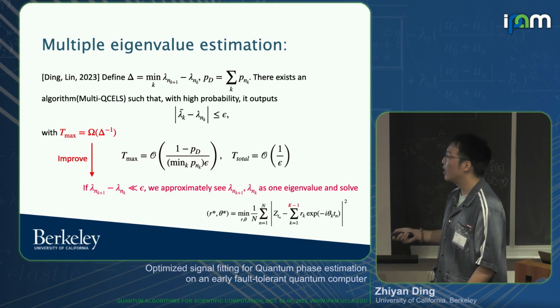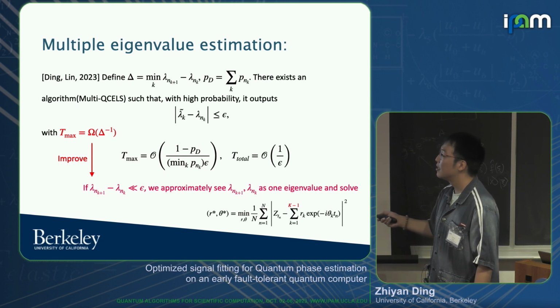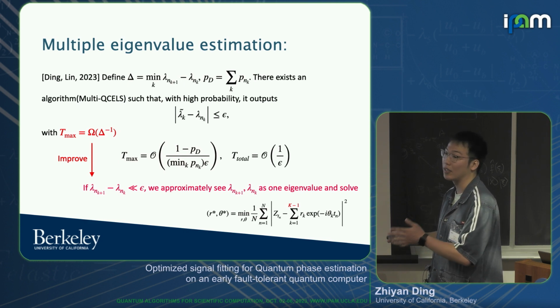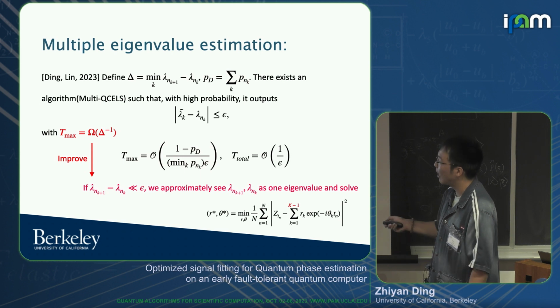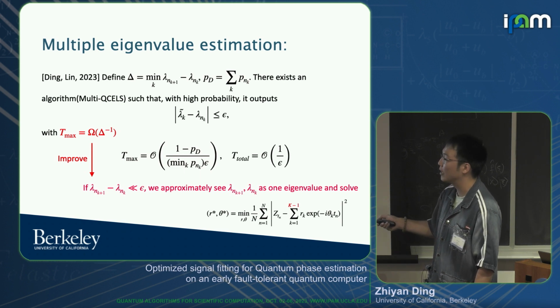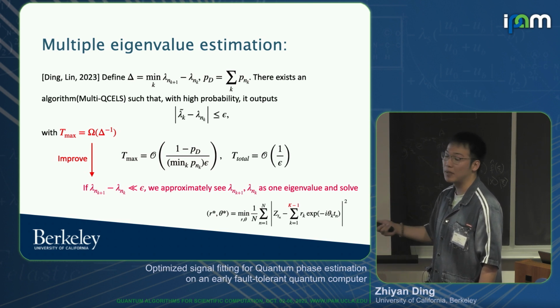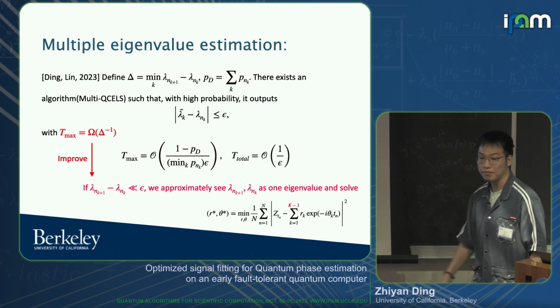Then we can basically see these two eigenvalues as one eigenvalue. Then in our situation, instead of having capital K eigenvalues, we only have capital K minus 1 eigenvalues. So I slightly change my loss function to K minus 1. So we can still solve this optimization problem to find an approximation to all eigenvalues.